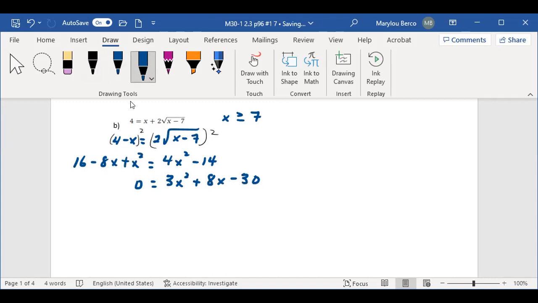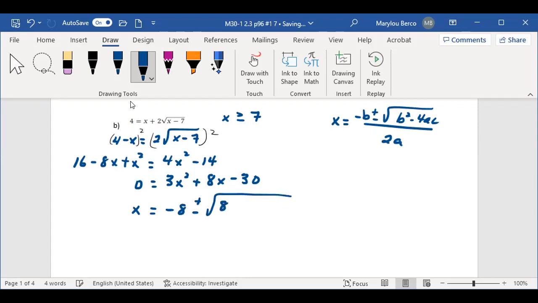Okay, again we have to apply the quadratic formula, and I'll just put it here again. And we have x equals negative 8 plus or minus the square root of 8 squared minus 4 by 3 by negative 30 all over 2 by 3.